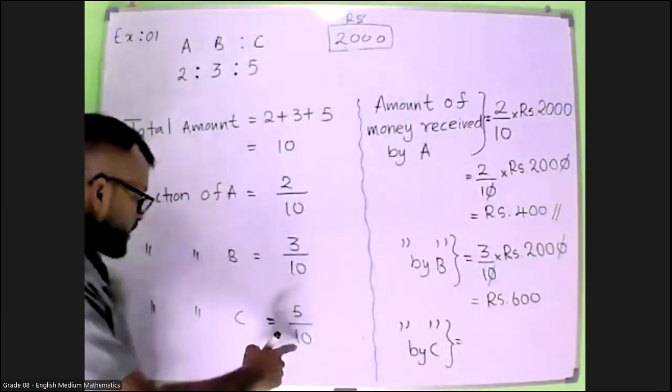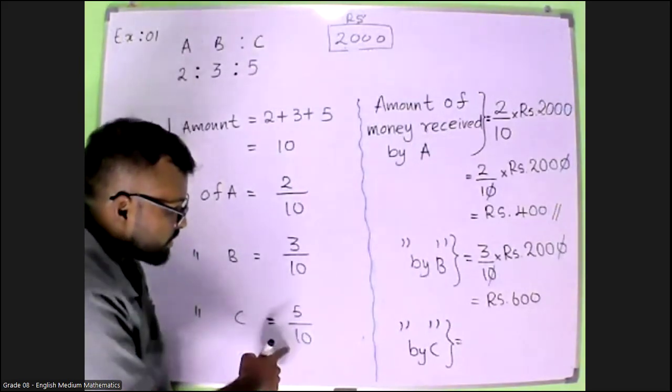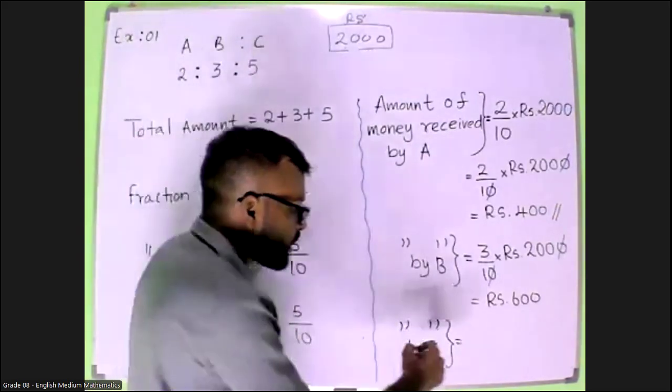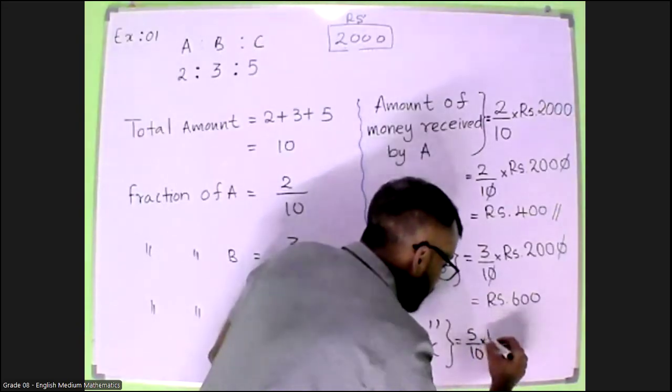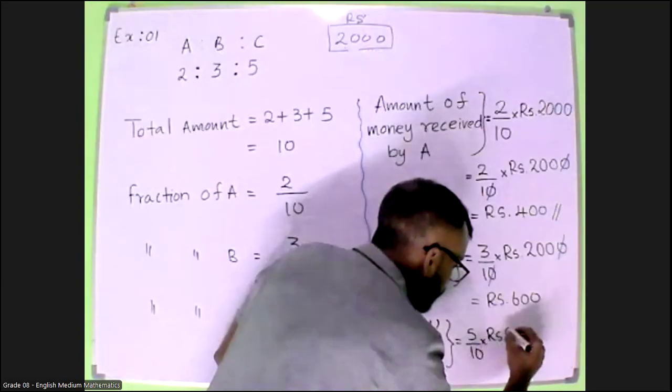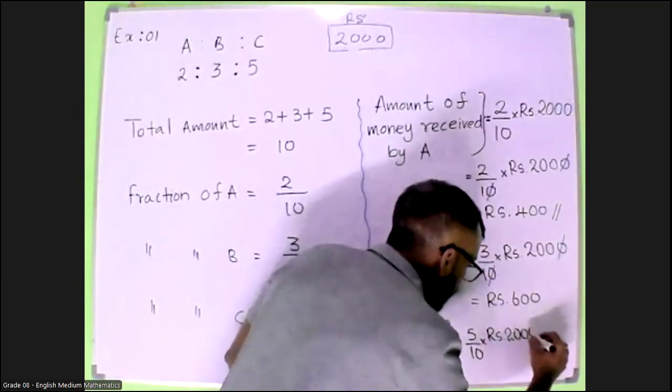How much of the fraction did he receive? 5 upon 10. Multiply by how much we have? 2000 rupees in total.